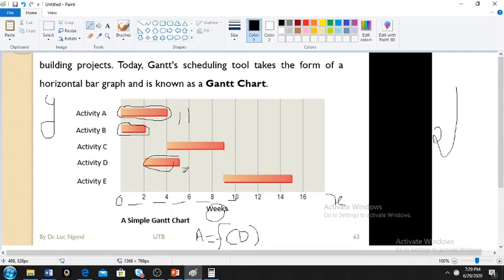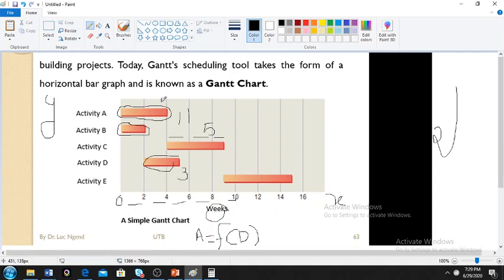You see, this is taking 3 weeks. Now after A, C is going to start. It's going to take 2 plus 2 plus 1, so 5 weeks.